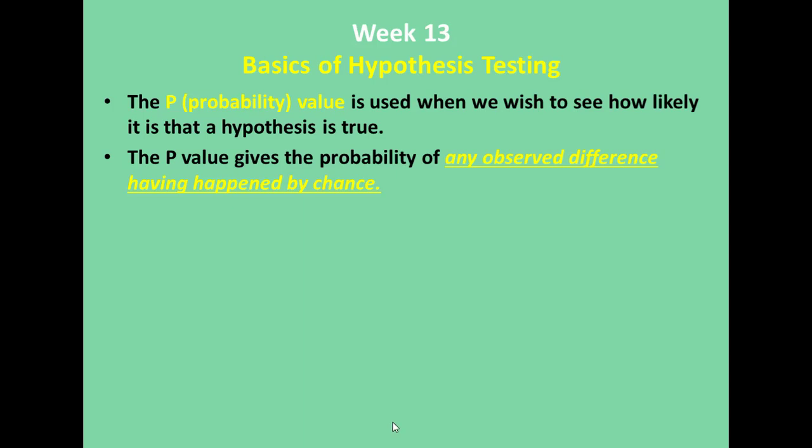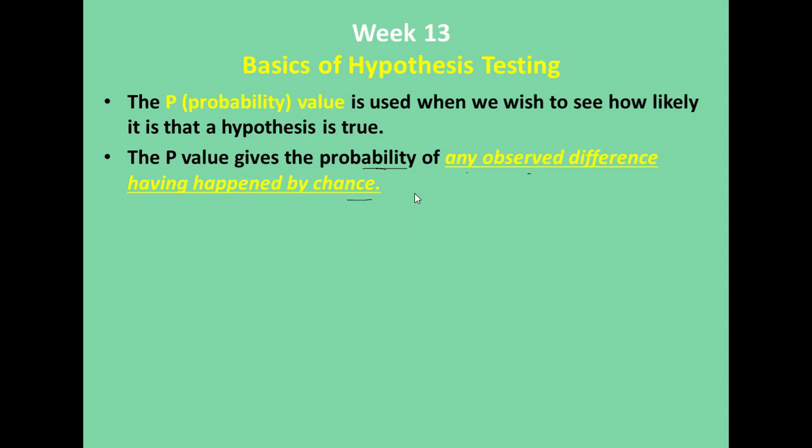It gives the probability of any observed difference having happened by chance. Or the other way is to say, it may sound redundant, the chance that any observed difference happened by chance. That's basically what a p-value is.